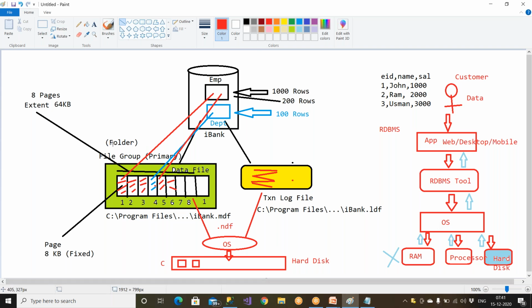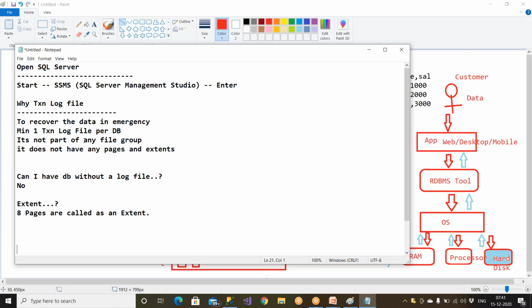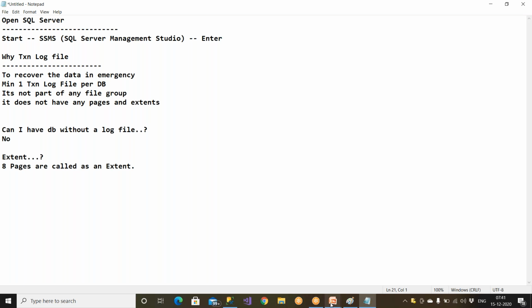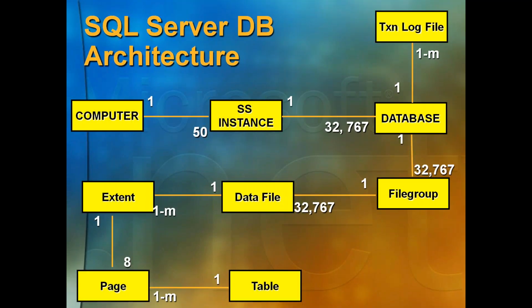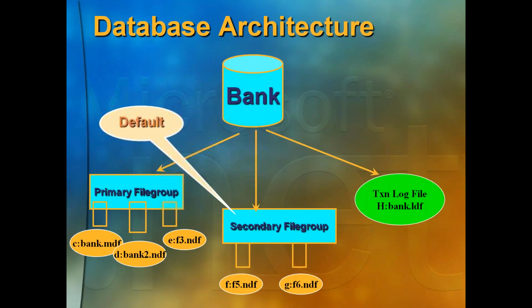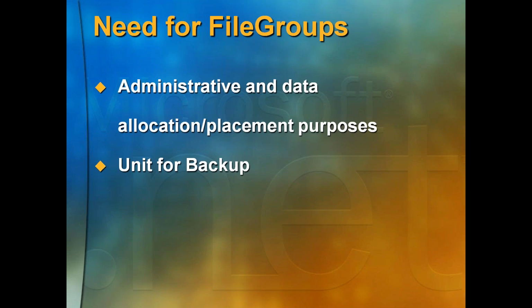What is the purpose of a file group? The purpose of a file group is to create or to store the data, the files, together. So that is the purpose of a file group. Clear? So let me give you. Need for file groups means administrative and data allocation placement purposes, unit for backup. Why are we creating folders? Because I can copy the data.